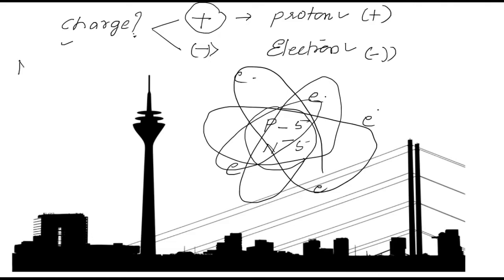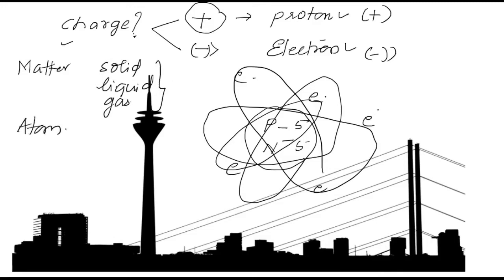That means every matter is made up of atoms. Matter means you take solid, liquid or gas, right? Every matter is made up of atoms, and therefore an atom contains positive and negative charges in equal number. So since the atom is neutral, therefore matter also will be neutral.